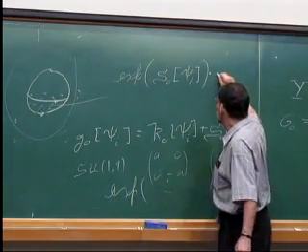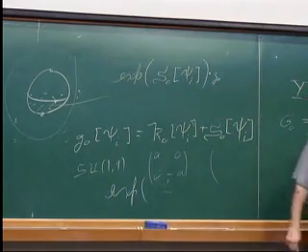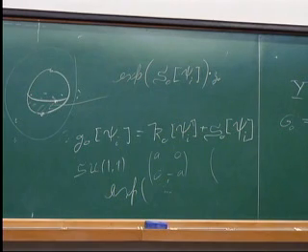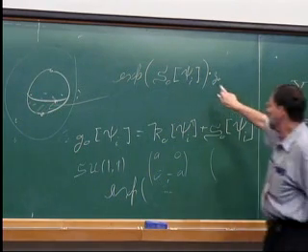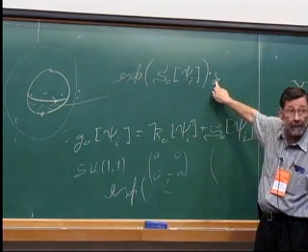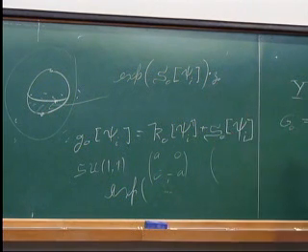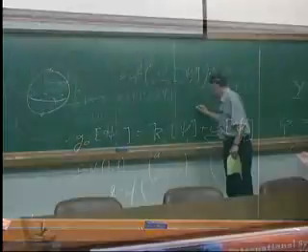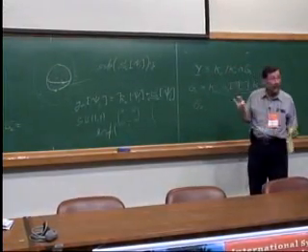I don't know what to call it, Z naught. I don't need the part that leaves Z naught fixed. Now, if I go to this more general situation, I can actually write, this is for any open orbit now.